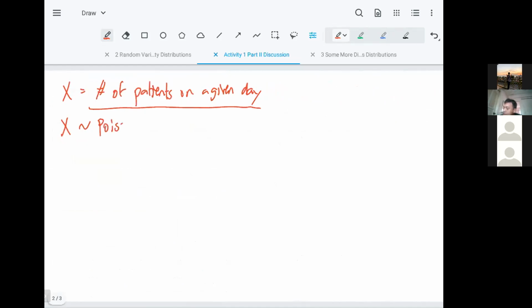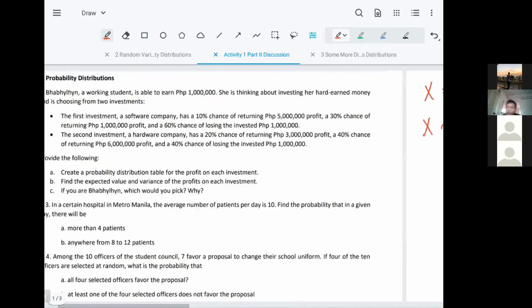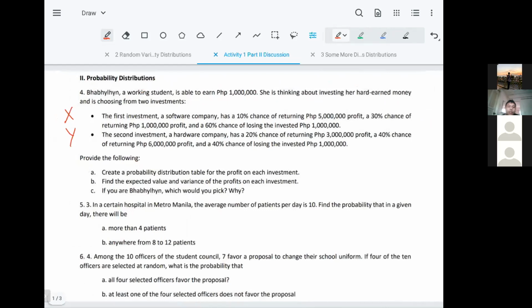So I have received some messages as well. Do you have any tips when choosing what distribution? So kung tips lang talaga yung hanap, pag may nakitang average, poson yan. Siya lang naman yung hinihinga ng average. Pag nakakita ka ng some number na whole number, tsaka some number na may decimal, mukhang binomial, di ba?